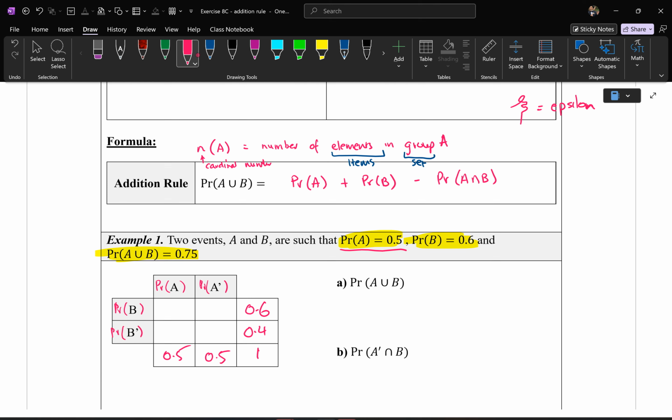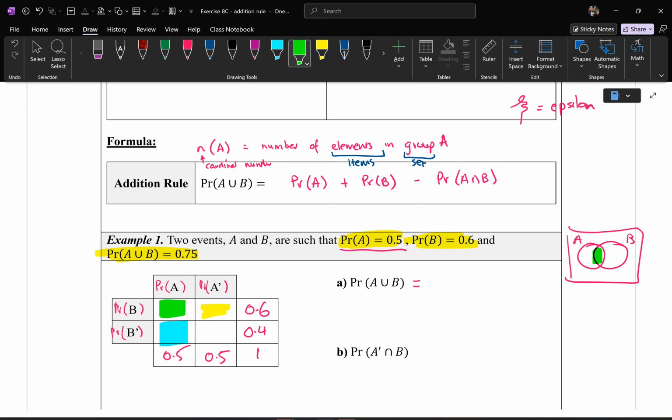But same idea. We know that the union is actually these three regions. If you're confused why I just said that, these three regions make up A union B. Why? Just think about the Venn diagram again. A, B. This is the region for green, A intersection B. So here's my green.